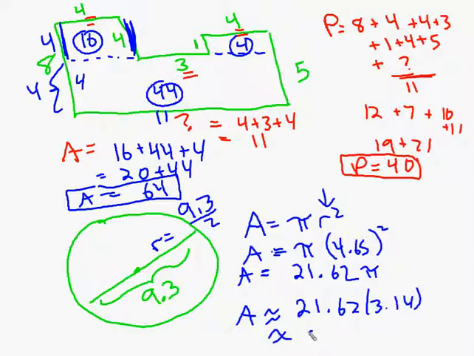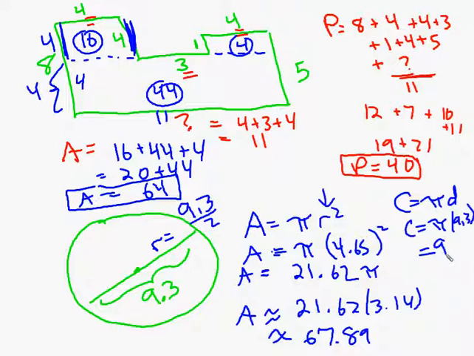So pi times 9.3. Our exact answer is 9.3 pi. And we'll replace pi with 3.14 and get 29.20. Sounds good. Okay, let's stop right there.